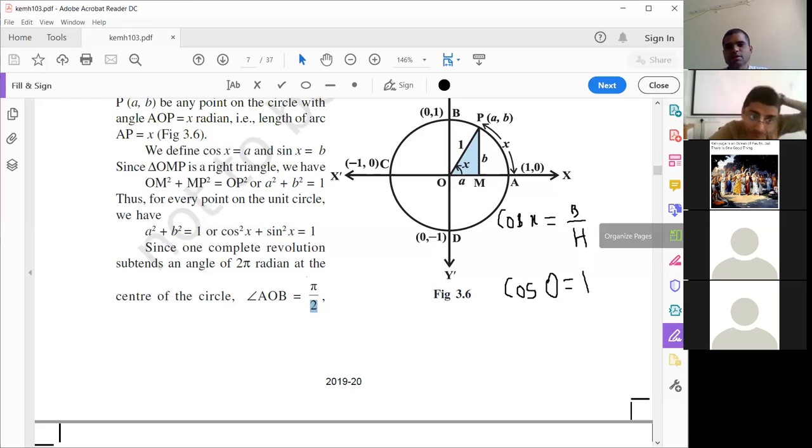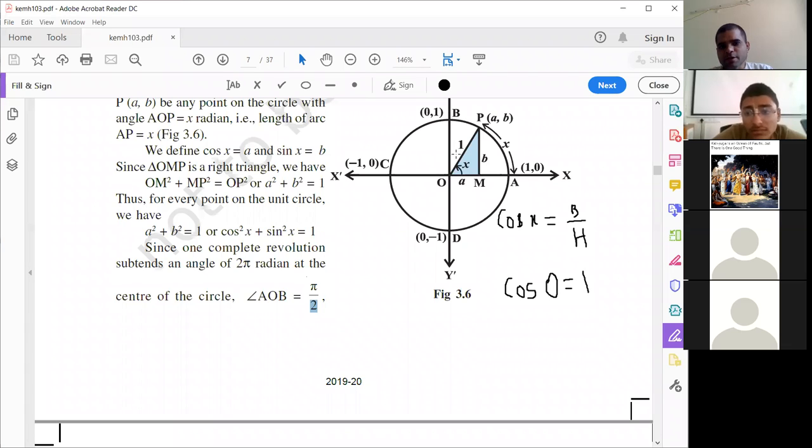Similarly, cos pi by 2. What will cos pi by 2 be? For cos pi by 2, the point P will coincide with point B. Clear?